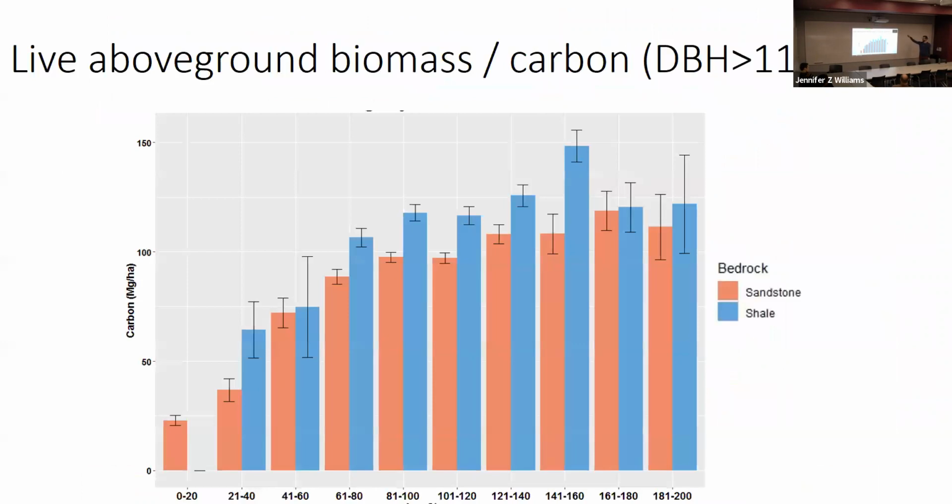It's just that plot. When we include all the trees 11 centimeters and above from the inventory, the differences come out larger. So those differences are significant, I take it. They are. I did an analysis of covariance where I looked at forest age, and yes, they are different. In a lot of cases, it's like a 20% difference.